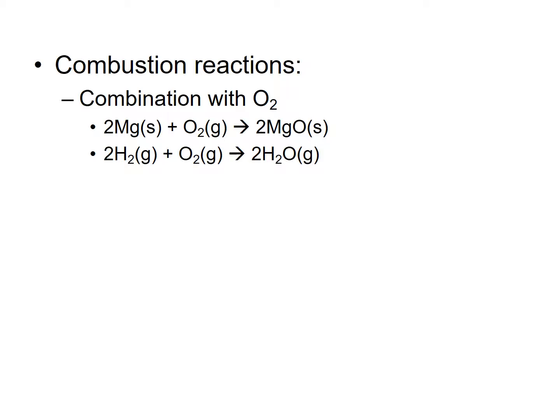Magnesium reacts with oxygen to make magnesium oxide. So magnesium burns in the presence of oxygen and produces one product. That makes it a combination reaction, but it's also a combustion reaction because it's a combination with O2. Hydrogen gas burns, and again, that is a combustion reaction as well as a combination.